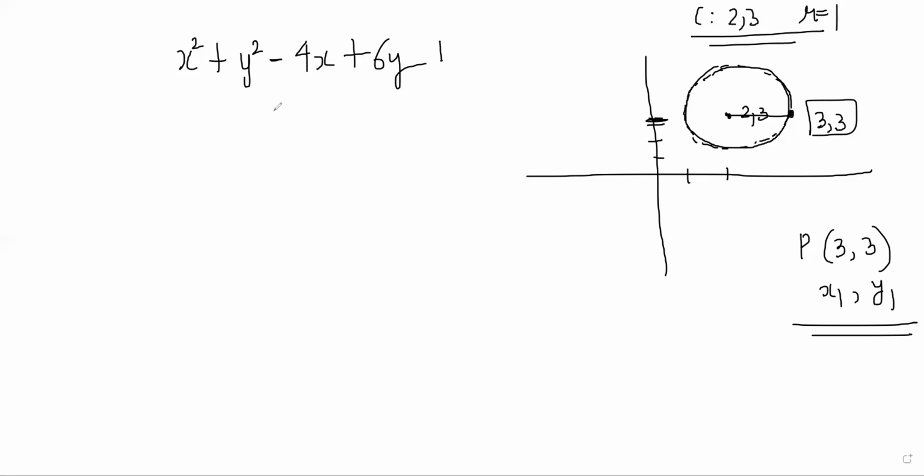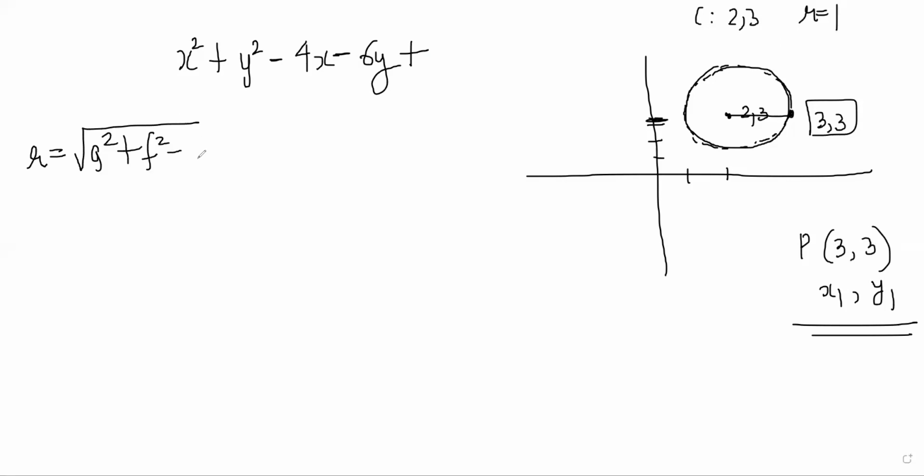And the circle equation, I will just write the circle equation now. Minus 4x minus 6y you should do, right? Then only the center will be 2, 3. Plus constant. The constant should be such that radius is equal to root over g square plus f square minus c.